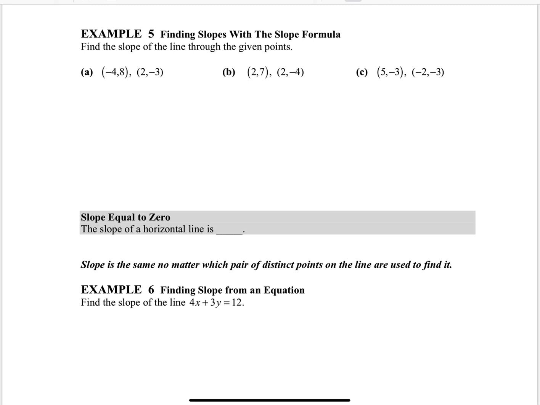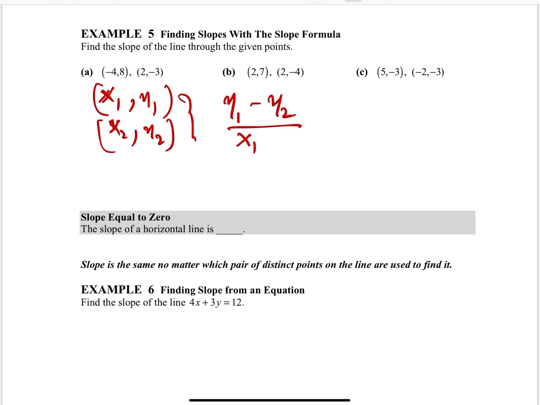So if you have x1, y1, and you have another point, x2 and y2, and they ask you to find the slope, remember it is the rise over run, and the rise on the xy plane is the vertical change, which is y1 minus y2 divided by x1 minus x2.